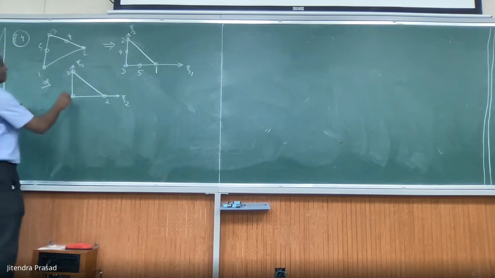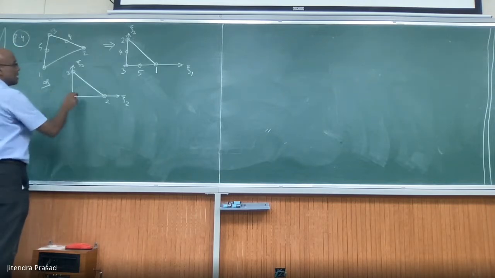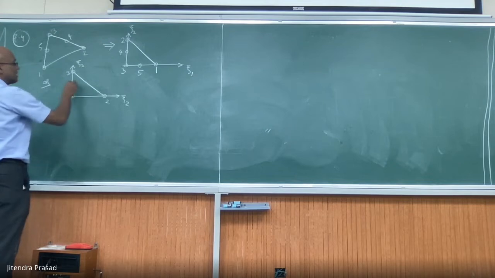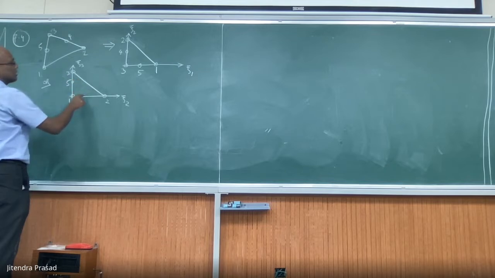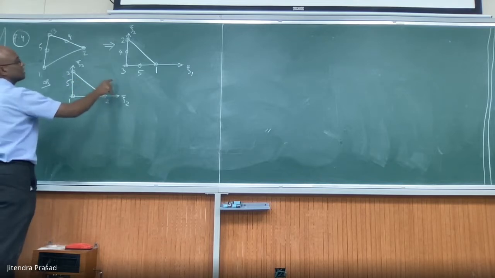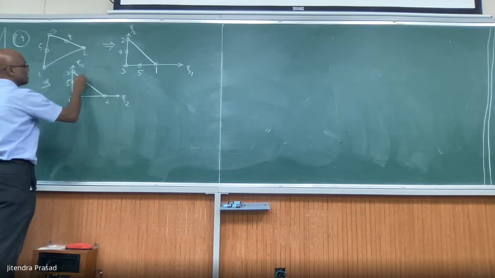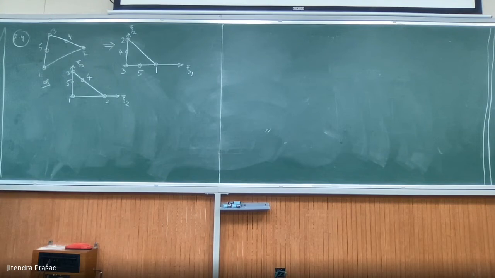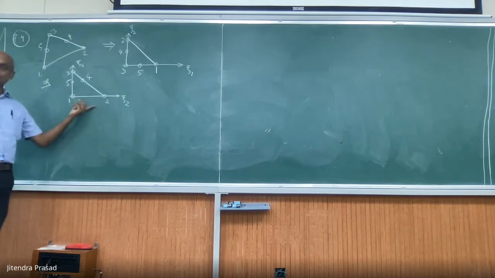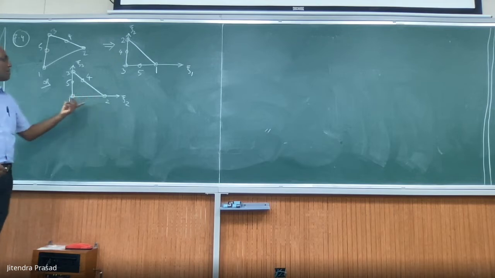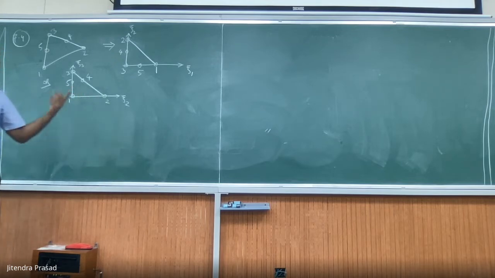And we have 1 here, and now between 1 and 3 we have 5, and between 2 and 3, number 4. And along 1, 2, we have xi2. Why did we do it like that?